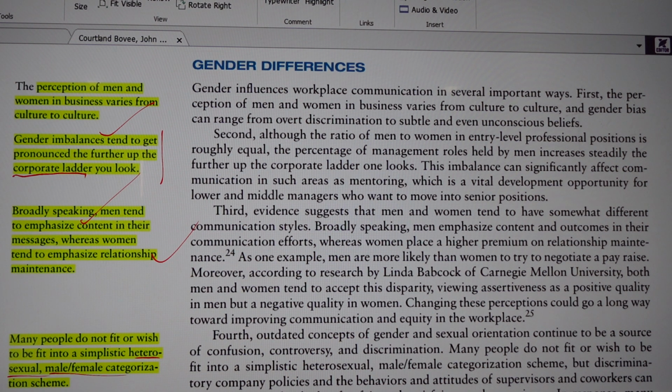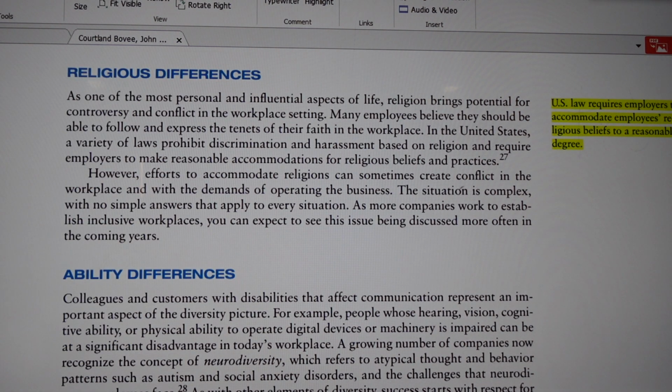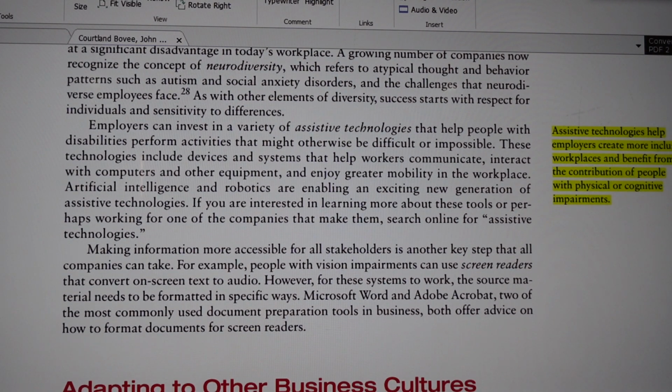Homophobic, you hate people of the same sex. Religious differences, right? Different countries have different laws about religion. And finally, differences in abilities.